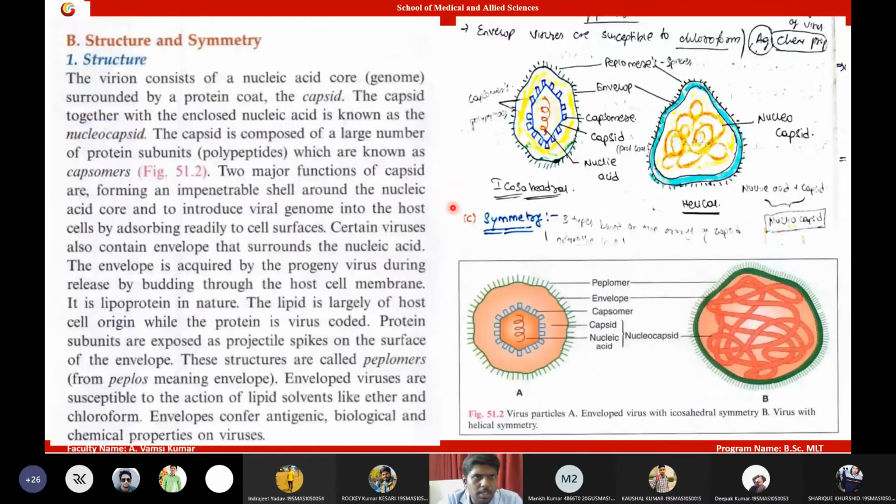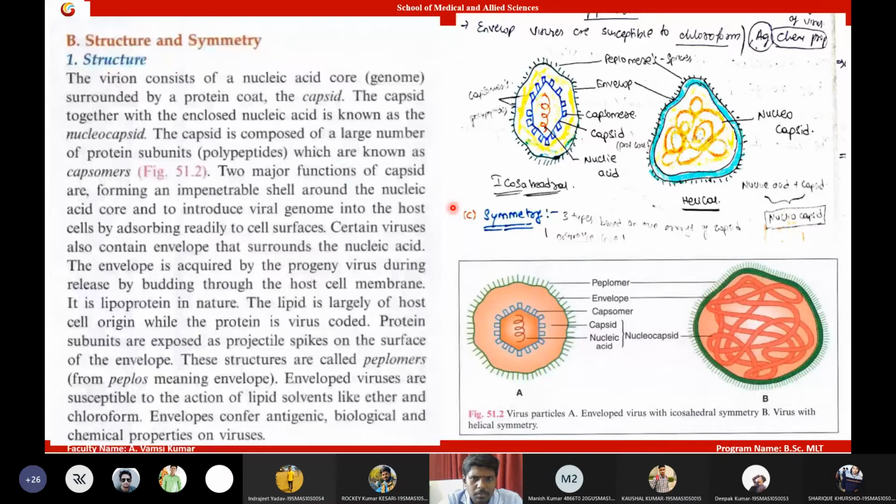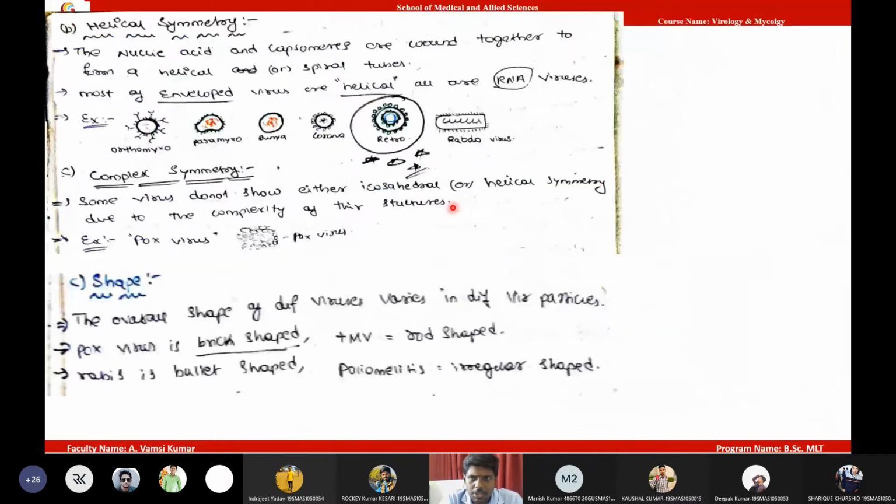I want to take an empty slide here. I will draw a basic structure of a virus, so kindly pay attention to how I'm drawing it. Now students, I will draw a basic structure.